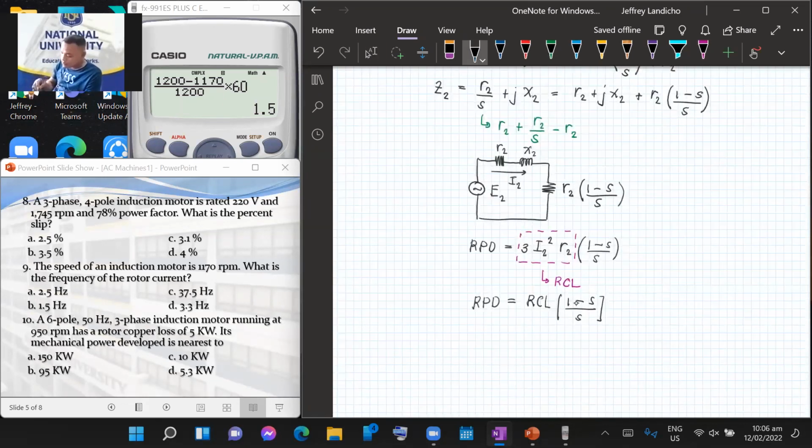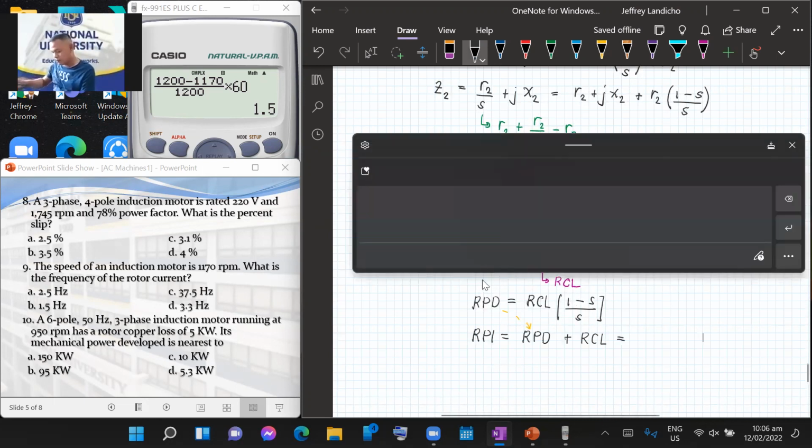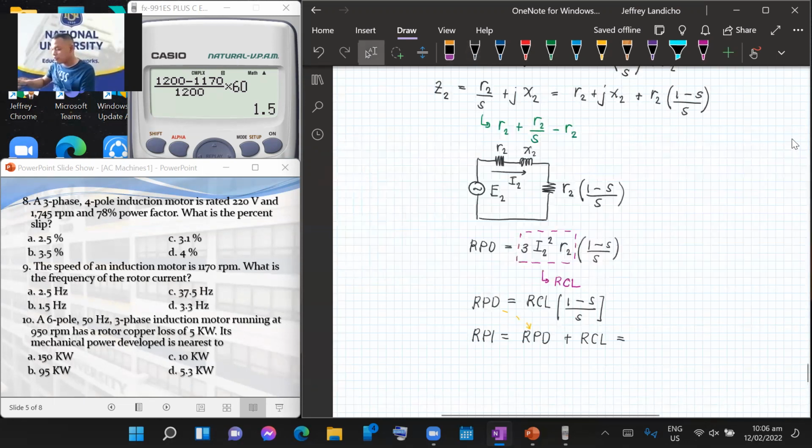So, lumalabas na yun, kung gusto kong kunin si RPI using power stages, that is RPD, that's what? RCL. Kaya po, ito kapatid, isa-substitute natin dito, makikita natin ngayon that RPI can also express in terms of RCL. So, ito, substitute natin dyan. So, makukuha natin ngayon that RPI, it is also equal to RCL over S. Now, that is your RPI.